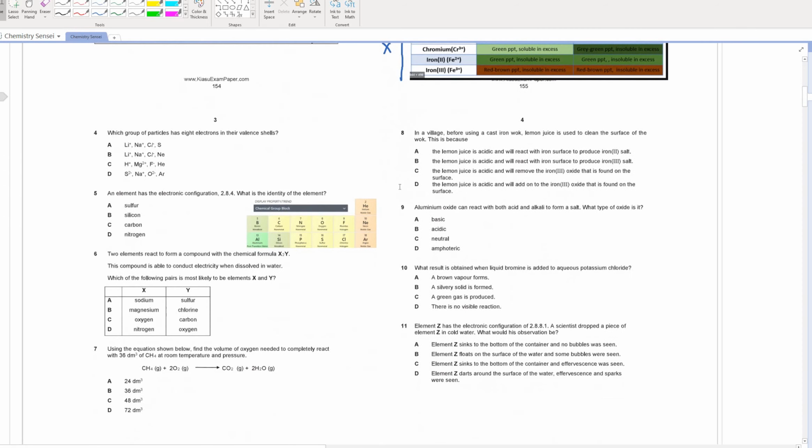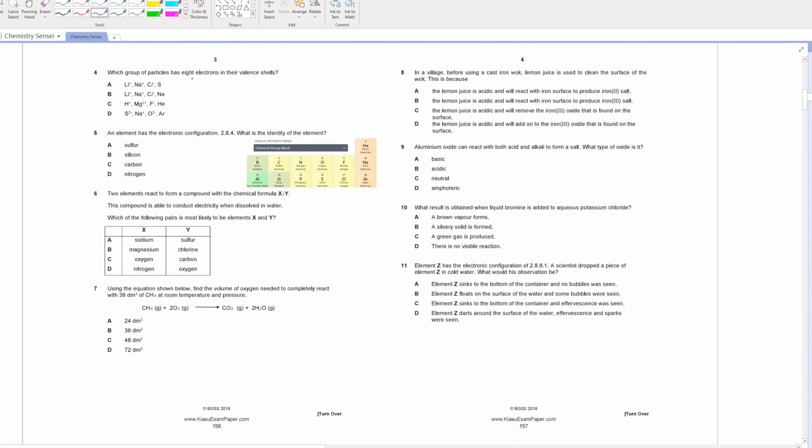For question 4, which group of particles has 8 electrons in their valence shell? Straight away, I can remove options A, B, and C. The reason being, lithium ion and hydroxide ion do not have 8 electrons in their valence shell.